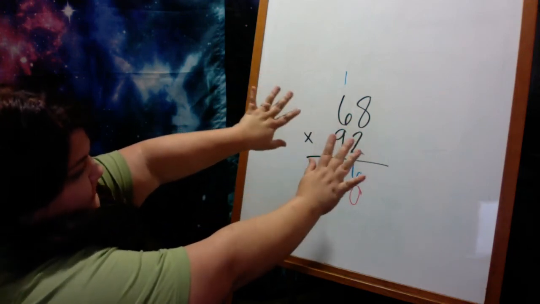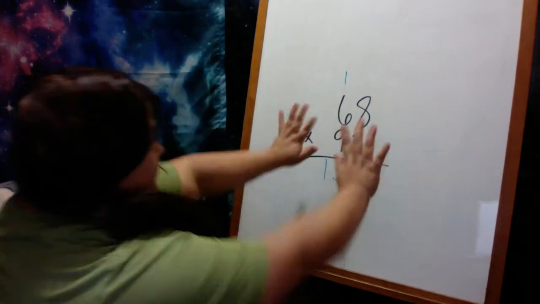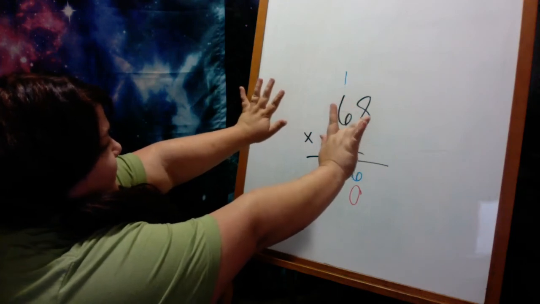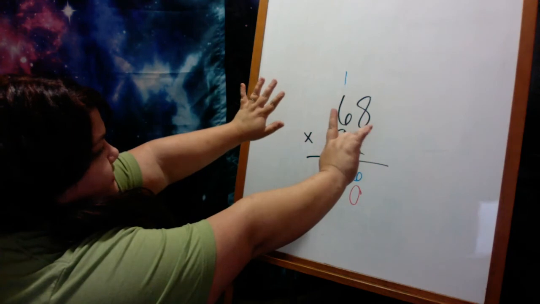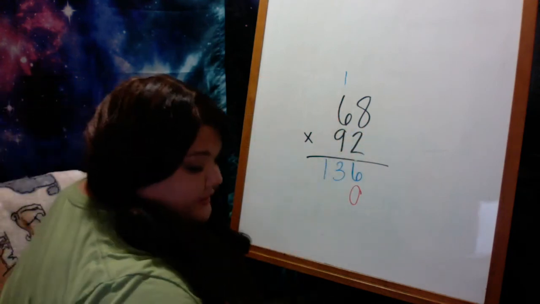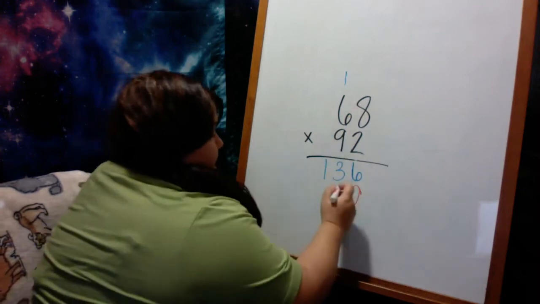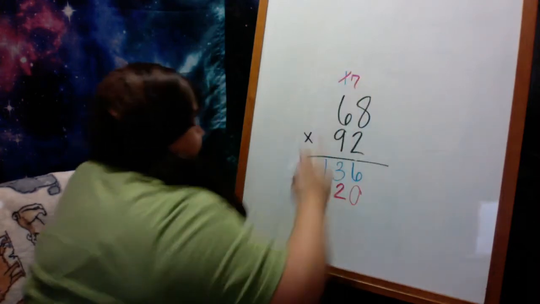So if you don't know this finger trick, it's a good trick for a quick refresher, but if I do 9 times 8, I go to my 8th digit, and I have 1, 2, 3, 4, 5, 6, 7 in my tens place and 2 in my ones place. So I have 72. So 9 times 8 is 72. Put my 2, carry my 7.